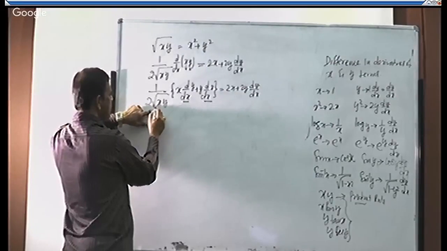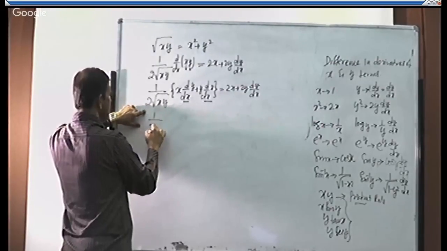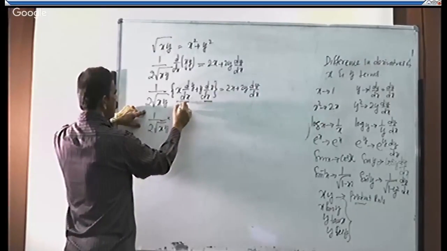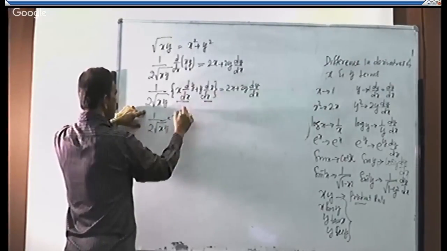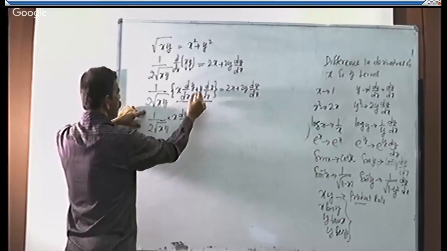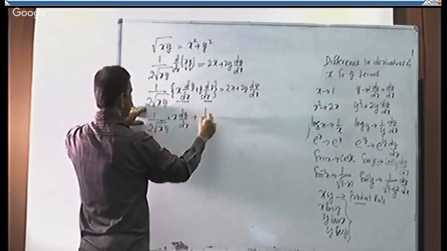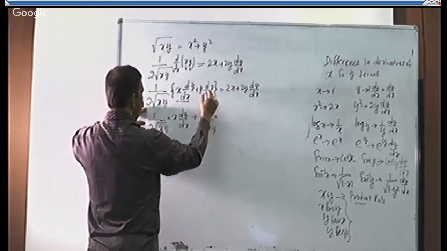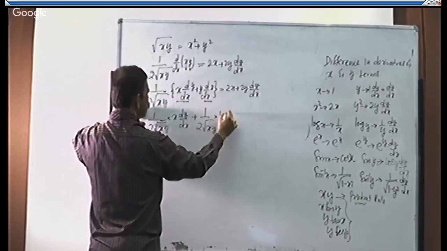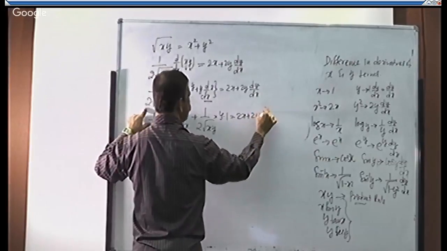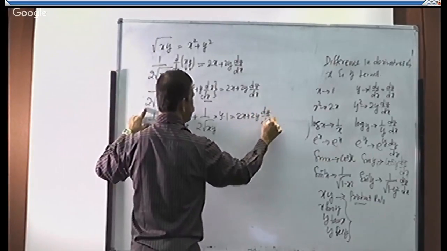I am multiplying this, see, 1 by 2 root of xy into this term, x into differentiation of y is what? Dy by dx. Plus multiply this, that is 1 by 2 root of xy into y into differentiation of x is 1, is equal to 2x plus 2y into dy by dx.